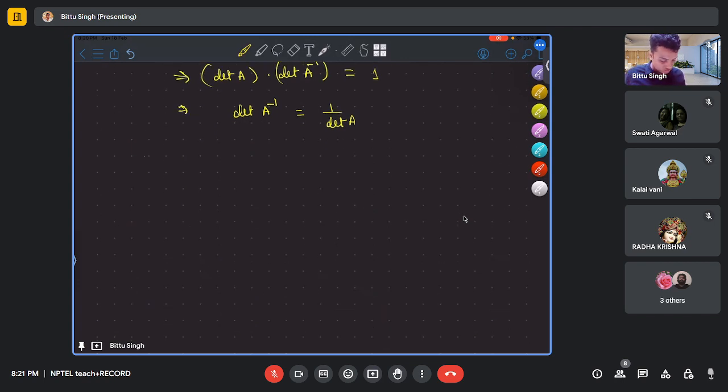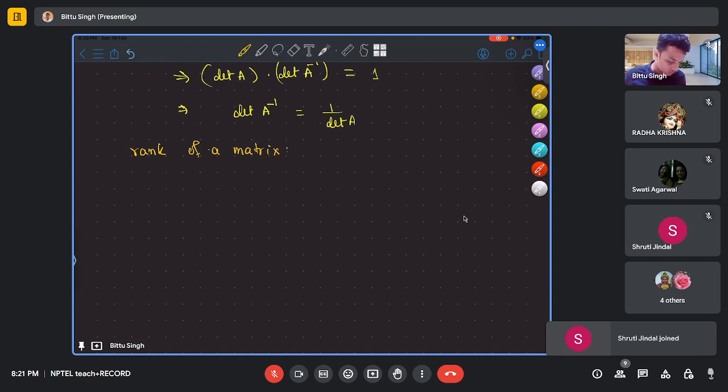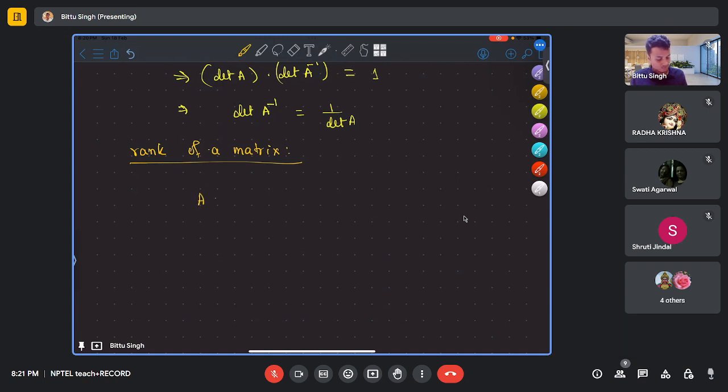There is an important concept, rank of a matrix. So suppose A is a matrix Aij, n by n matrix.